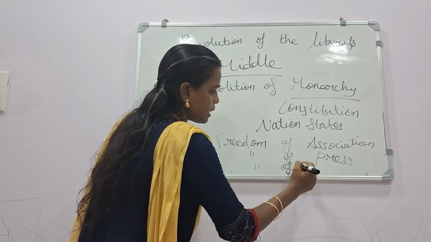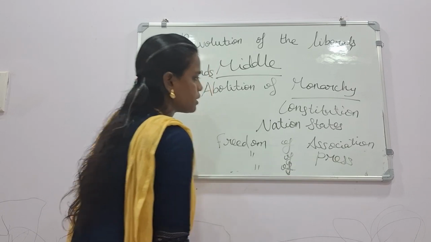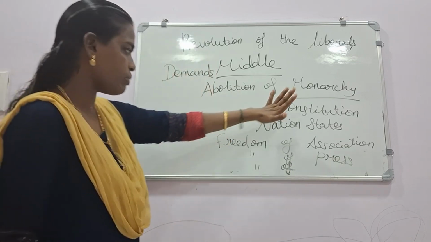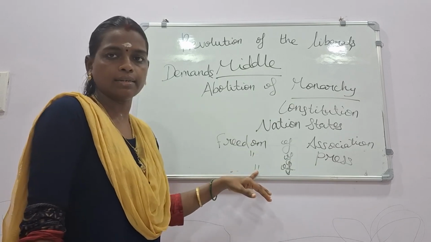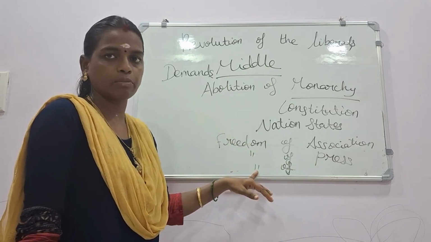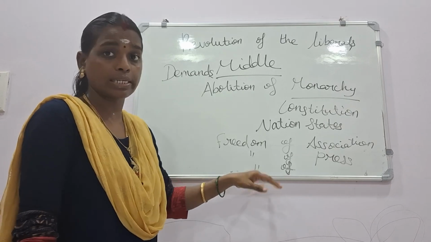Freedom of association, freedom of press, and formation of a constitution. That's it. Only five are given; those five I already explained to you. This one I added extra, in the point under that side reading.